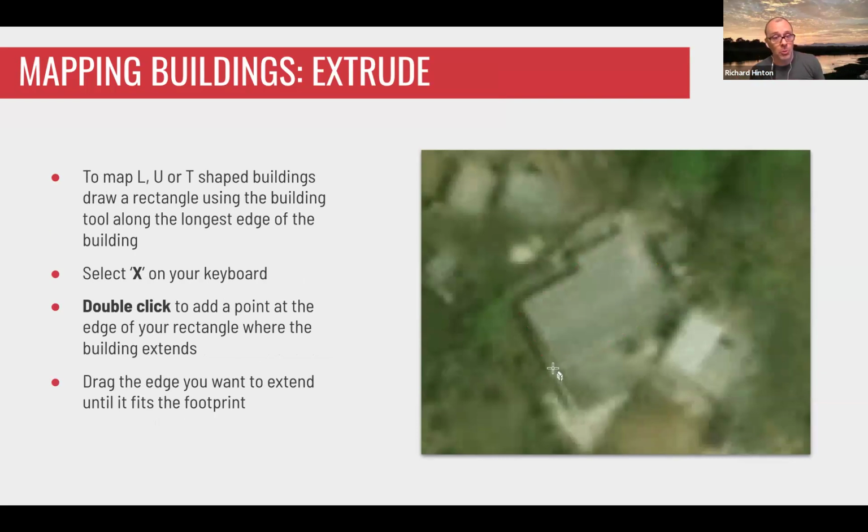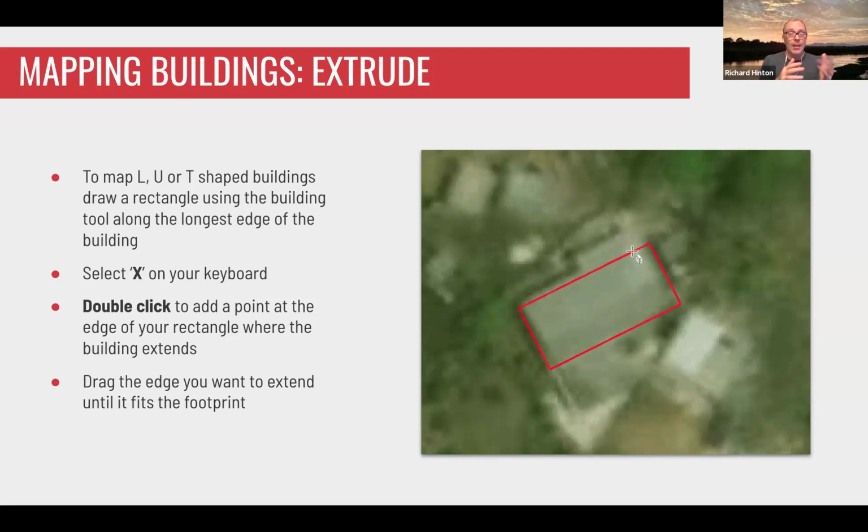By using the extrude tool, whose shortcut is X, you're able to double click on your building wall, on the line that represents your building, where that extrusion starts, and then simply click and drag the line for that extrusion. You can drag it in or out. So you can actually make buildings of all sorts of different shapes and sizes using this particular tool called extrude.